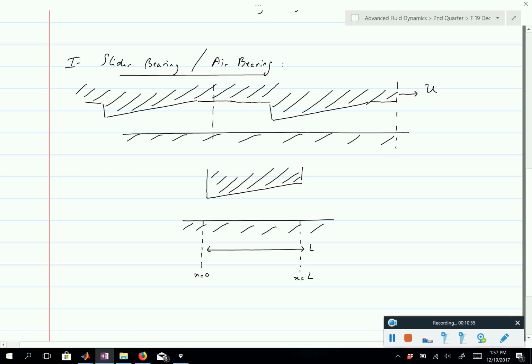Now let's assume that this plate is hovering at a height h0 above the bottom plate. And we'll call h1 the height here. Well, we don't really know what h0 is in principle. We'll discuss later on what fixes h0. But we do know the geometry because we did the groove. We machined them.